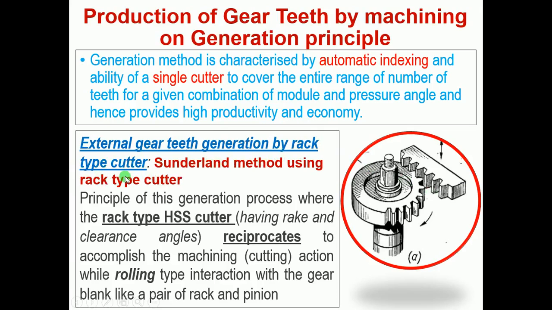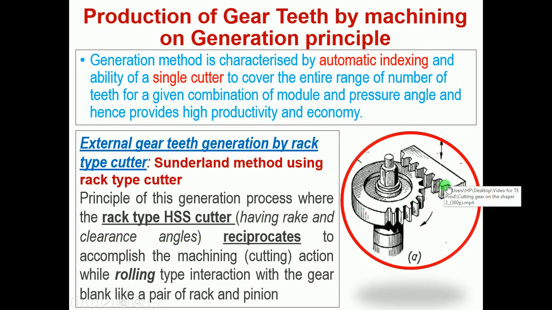Okay. Here we discuss external gear teeth generation by rack type cutter. We use rack type cutters for generation of gears. Here we discuss Sunderland's method using these rack type cutters. The principle of this generation process uses rack type HSS cutters. The cutter is made of HSS material having rake and clearance angles.